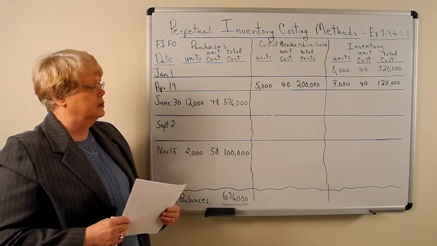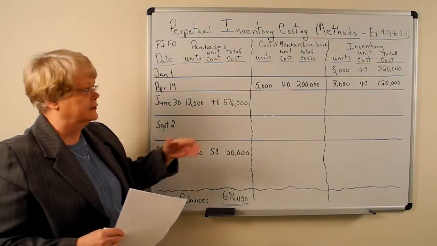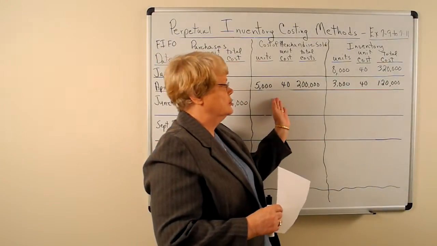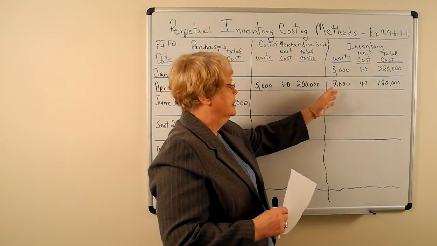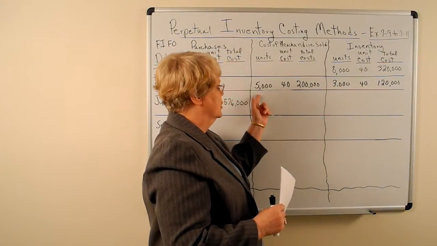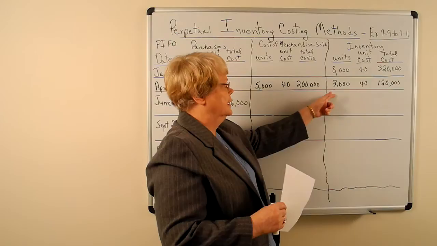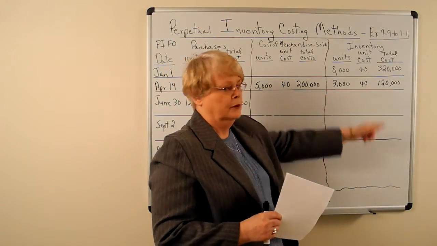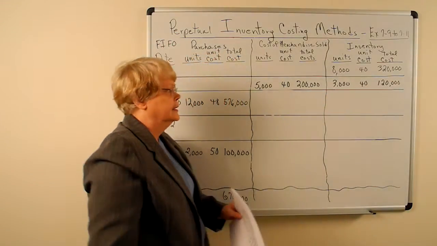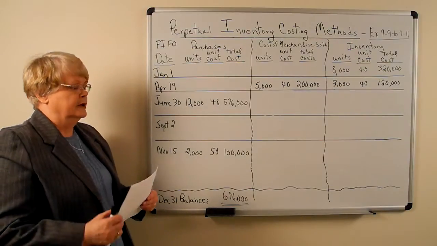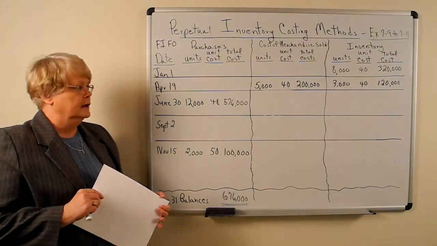And then of course we will bring down what we have left. We will just subtract what we used from what we had. We had 8,000, we sold 5,000, that left us 3,000 units at 40, and now we have a balance in our inventory of 120,000. Okay?